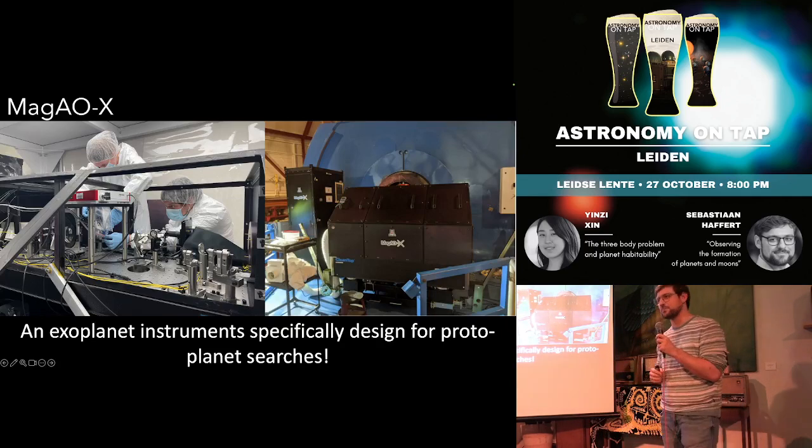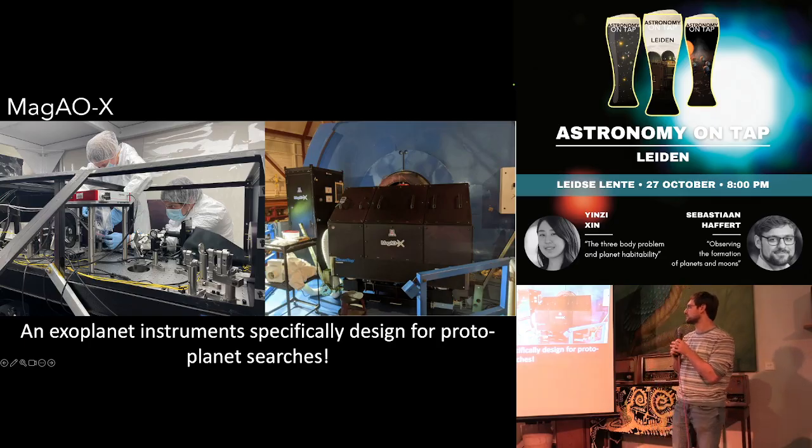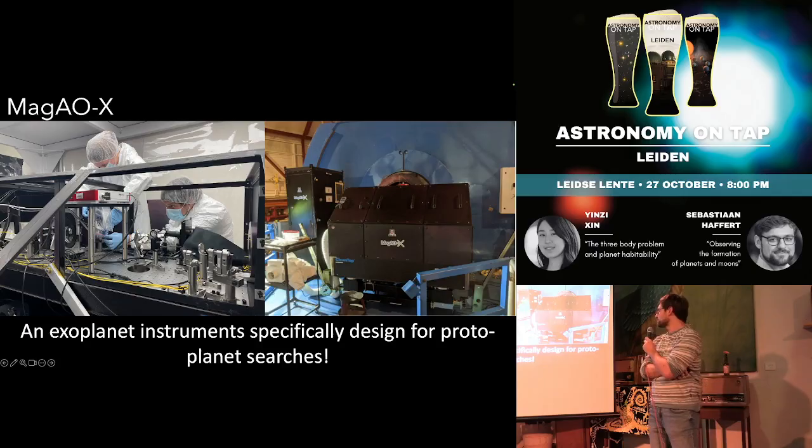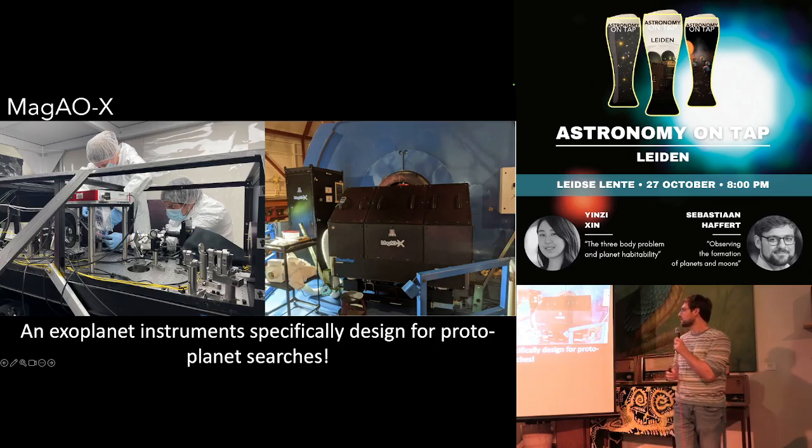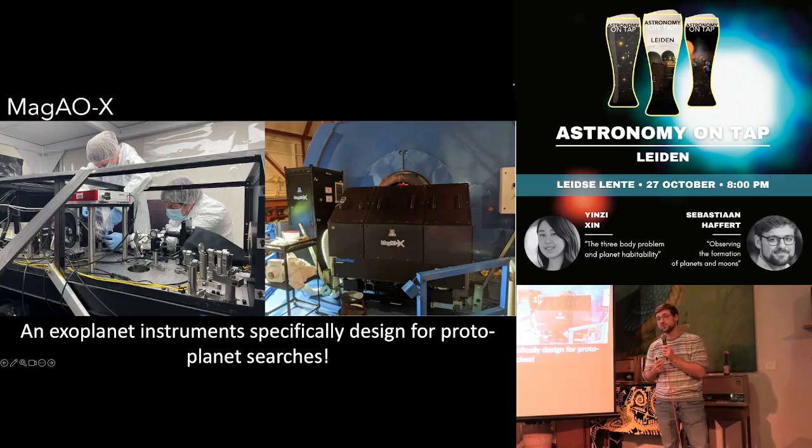I was adding Ziploc bags to the optics to protect them from dust for transportation. I look very serious doing it. And on the right you can see it installed at the telescope. This instrument, MagAO-X, was developed at the University of Arizona in the US, and it's specifically designed to search for these protoplanets, these young giant planets.